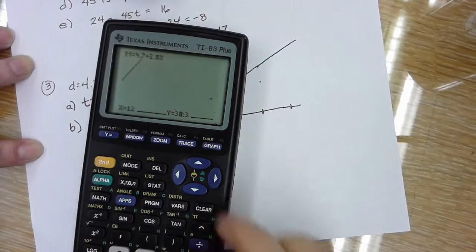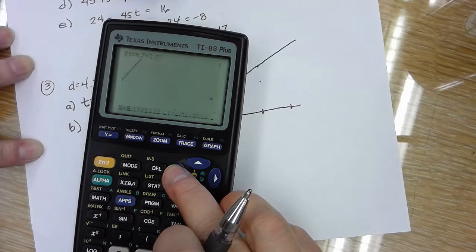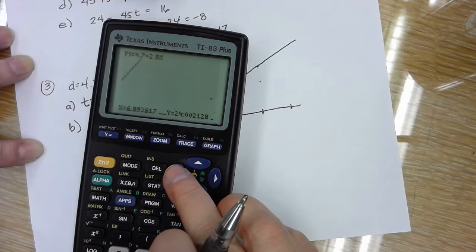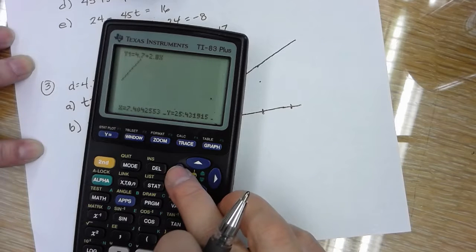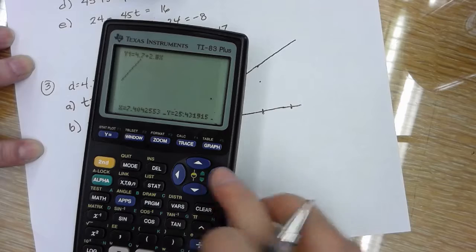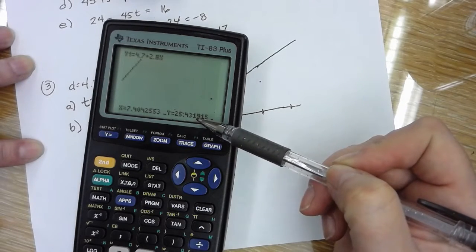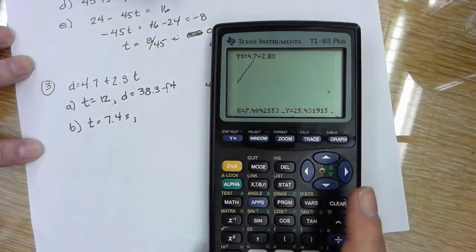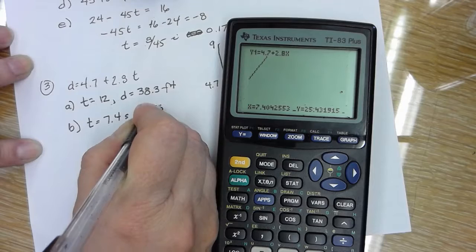Now we'll go backwards. So when I make x equal to 7.4, then y is equal to 25.4. So our distance is equal to 25.4.